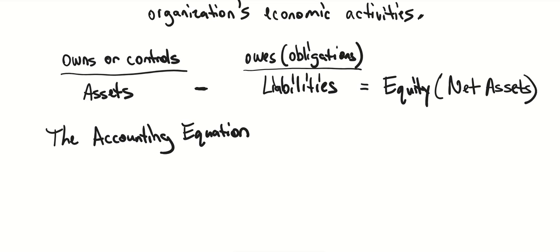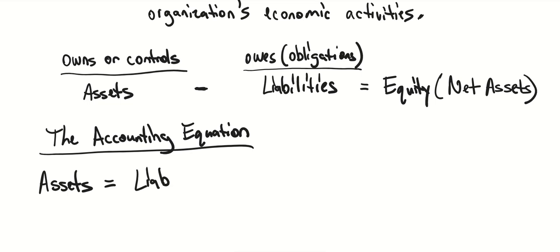And it is the most common form that you will frequently see it being displayed as. Okay, so the accounting equation, this is what you're going to be used to seeing, starts off with assets equals liabilities plus equity.